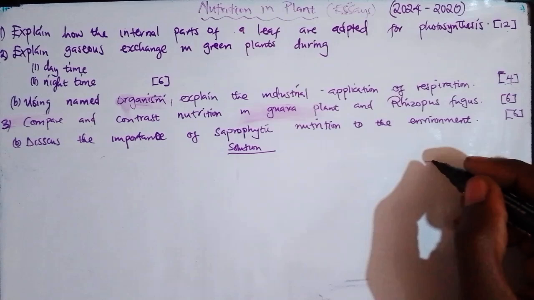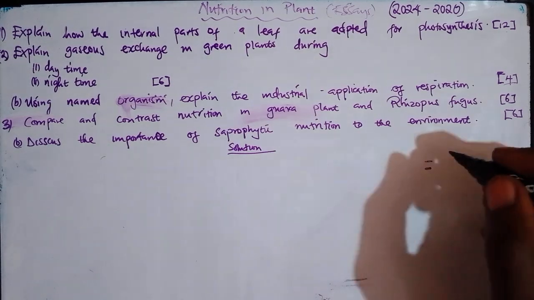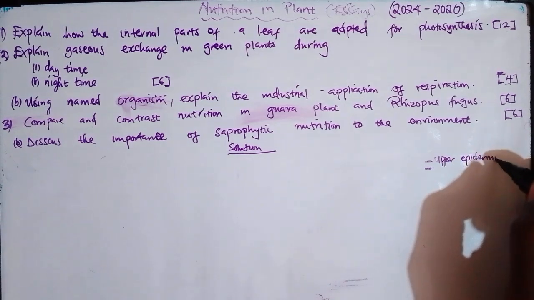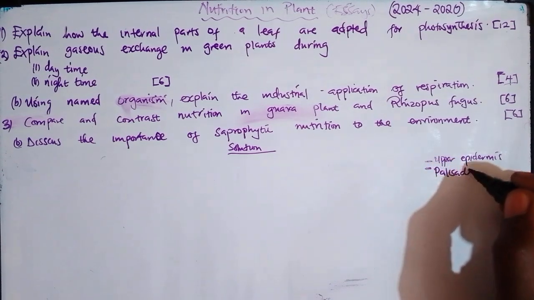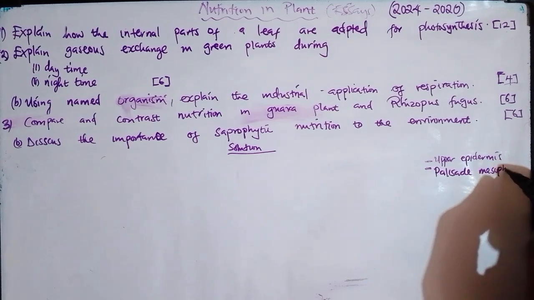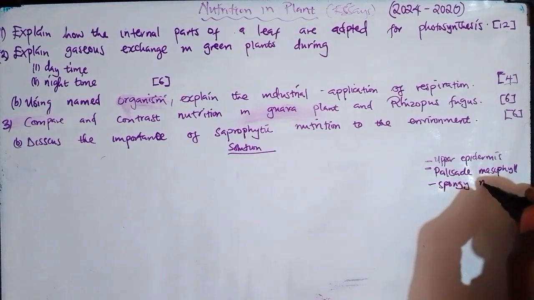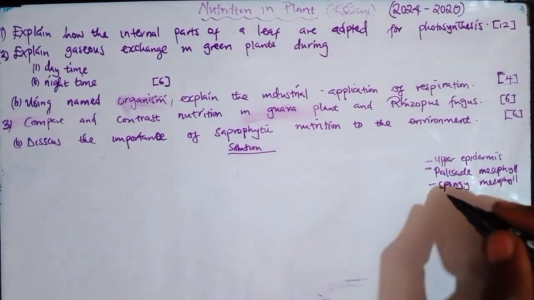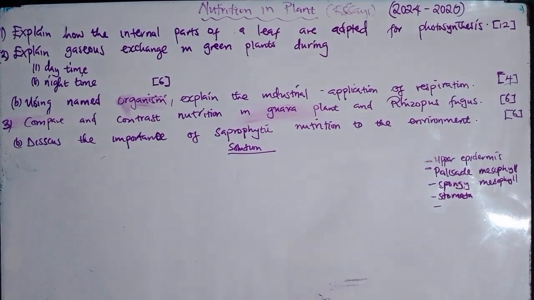If you remember in my previous video, I talked about the internal leaf, where I said that it has parts like the upper epidermis, the palisade mesophyll, the spongy mesophyll, the stomata, and the lower epidermis.